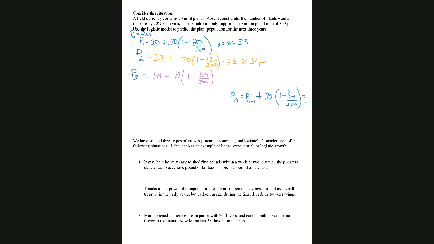And when I do that on the calculator, I'm going to end up with 84.9, or approximately 85. So it says, use the logistic model to predict the plant population for the next 3 years. 33 in year 1, 54 in year 2, and 85 in year 3.